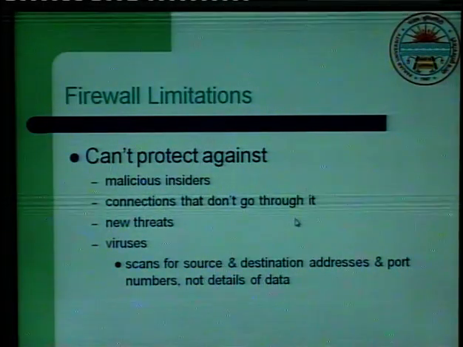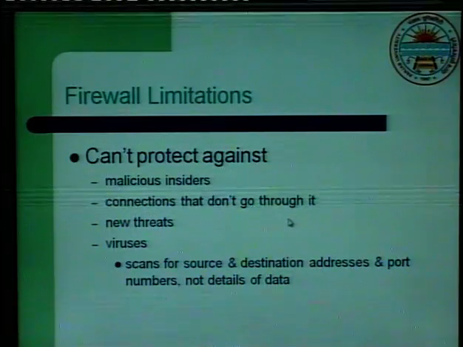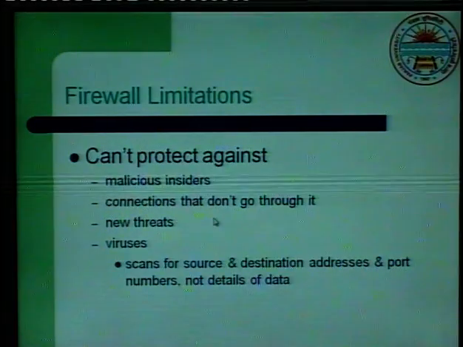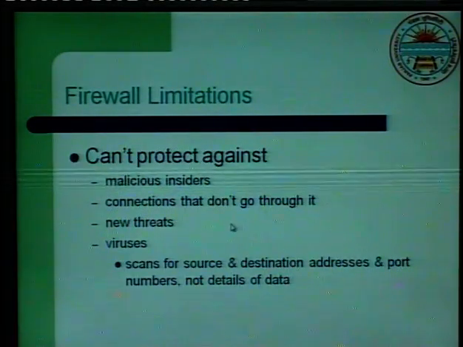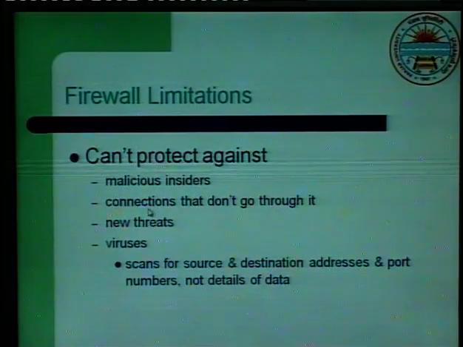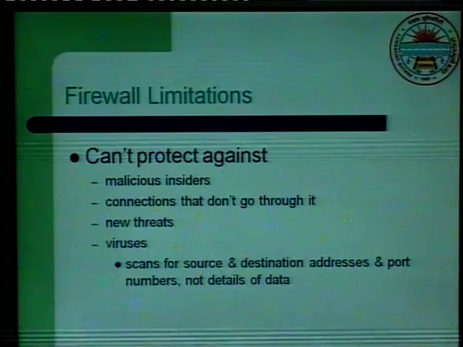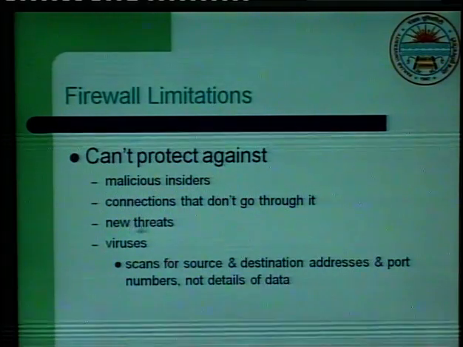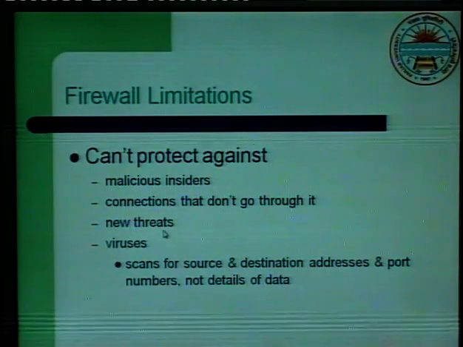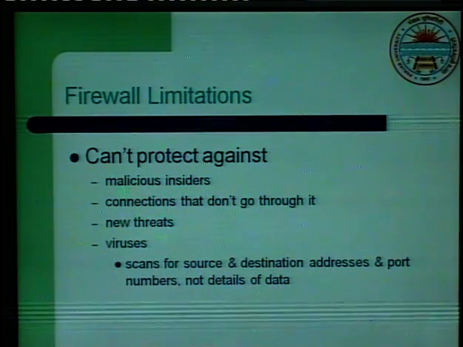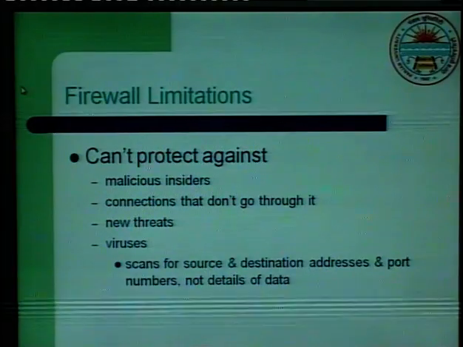Sometimes we allow some host to bypass the proxy. Such connections cannot be intercepted by the firewall and cannot be secured through it. Once you configure a firewall for certain types of threats, it can protect the network only against those threats. If some new threat comes to your network, it cannot be recognized by your firewall.